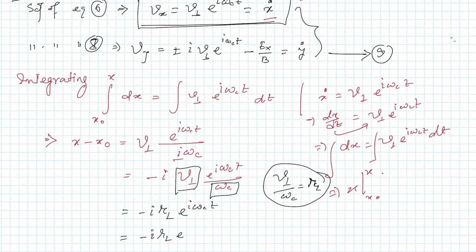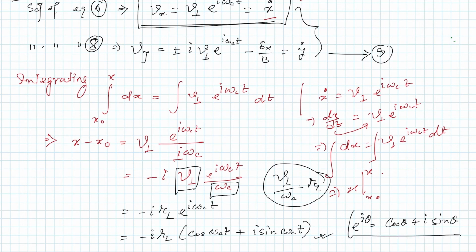Instead of e to the power i omega c t, we can write cos omega c t plus i sin omega c t, because we know that e to the power i theta is equal to cos theta plus i sin theta. Using that identity we have got this.